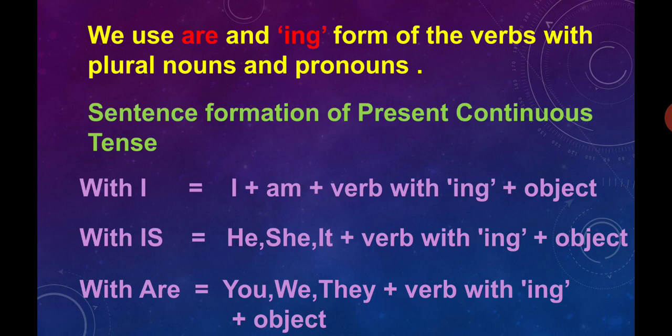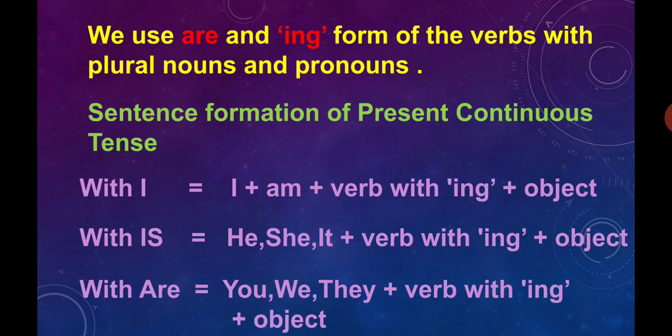For example, children. Children is used for a plural form. So, children are clapping, right? After children, a plural form of noun, we use are as a helping verb and then the ing form, clapping. Understand?